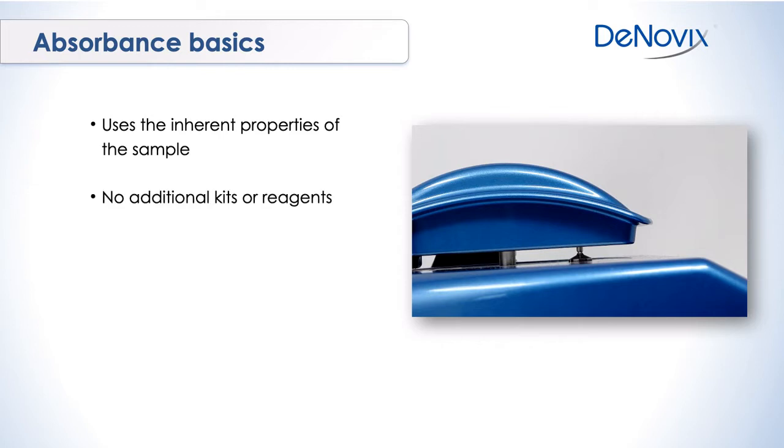By that I mean that we don't have to have any additional kits or reagents that we add to the sample. Absorbance, as we've seen, allows us to use very small volumes of sample, so less than 1 microliter is possible with these methods. And it's a very rapid test, takes just a couple of seconds on this instrument.